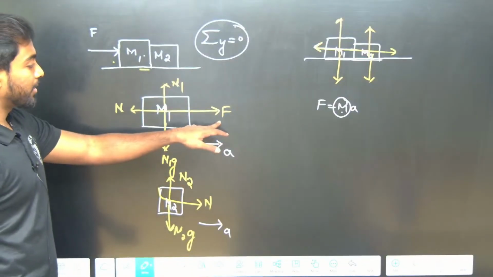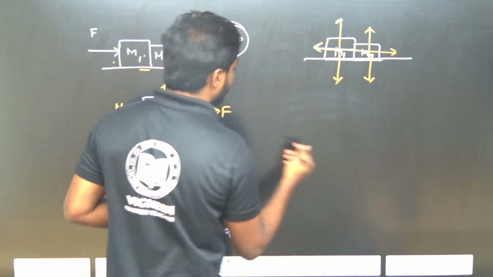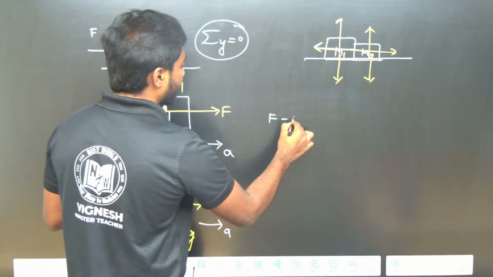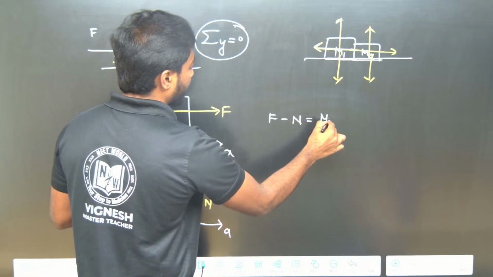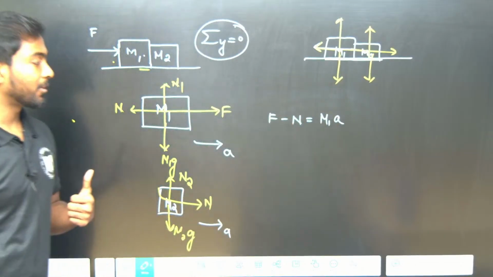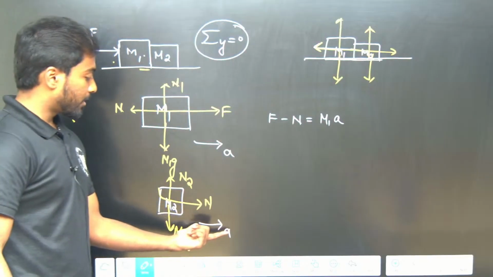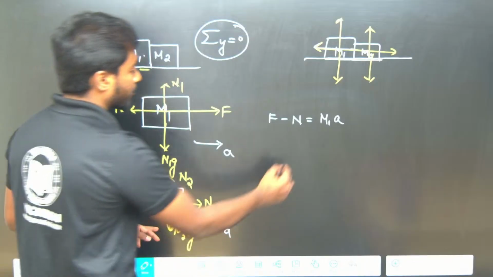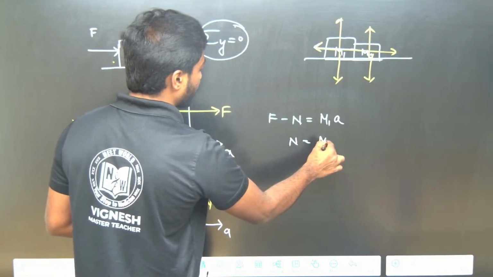So for the first block, in the direction of acceleration F is there, and in the opposite direction N is there: F minus N equals m1 into acceleration a. Now for m2, N is in the direction of a, so N equals m2a.